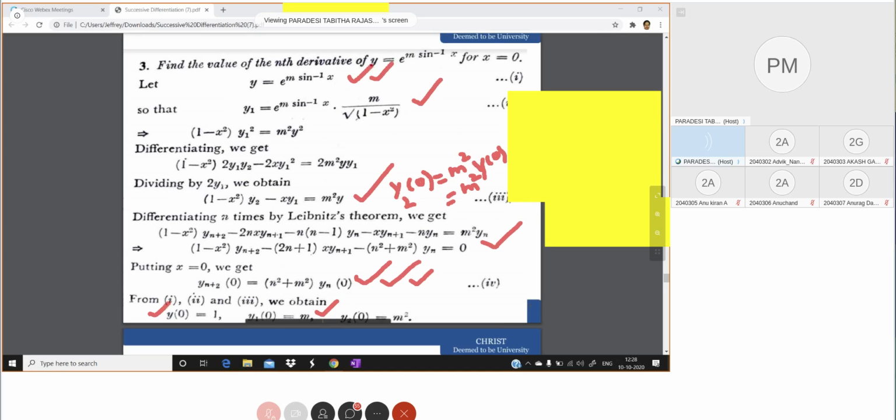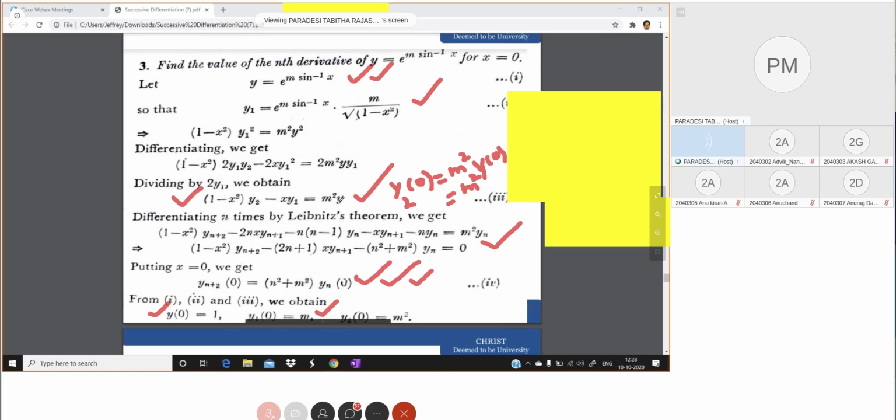Mention it, repeat if you haven't got it. We found y of 0, we found y1 of 0. Next, we want to find y2 of 0, so we went to an equation involving y2. In this equation, wherever x is there, put a 0. What is left on the left-hand side?